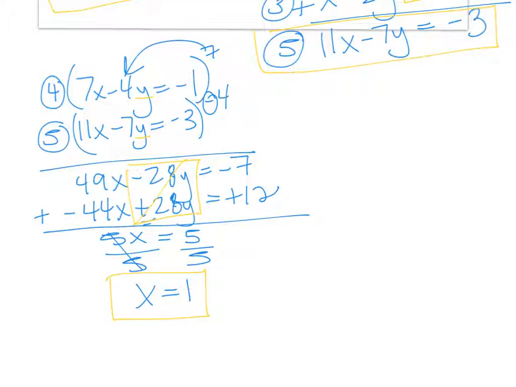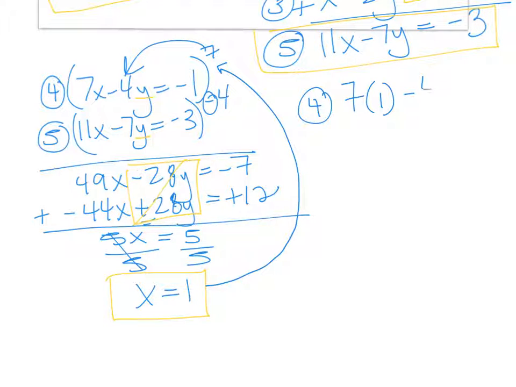Next, what I want to do is take that x equals 1 and substitute it back into equation 4. And by doing that, I can then solve for y. So 7 times x, which is equal to 1, minus 4y is equal to negative 1. 7 times 1 is 7, minus 4y equals negative 1.